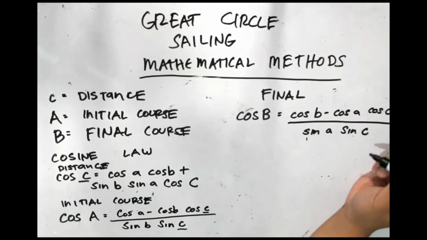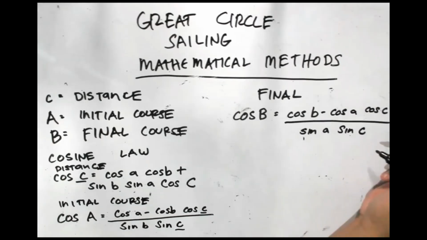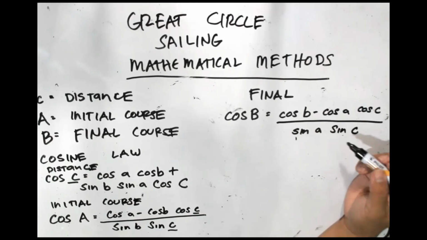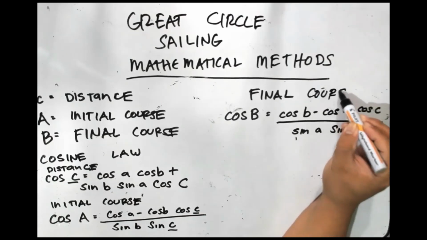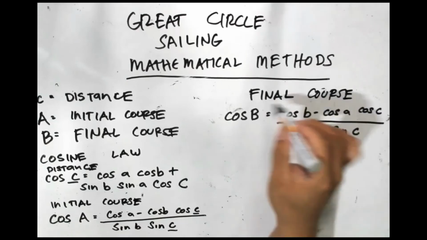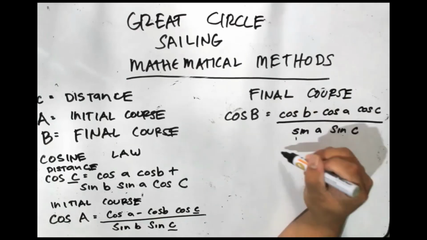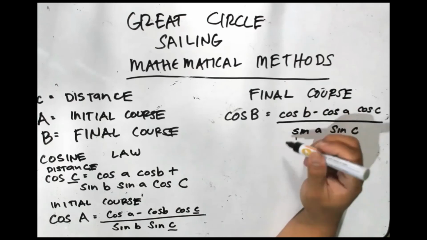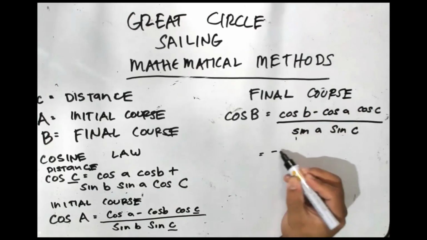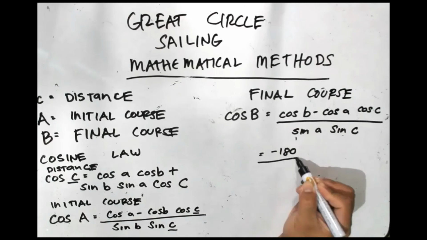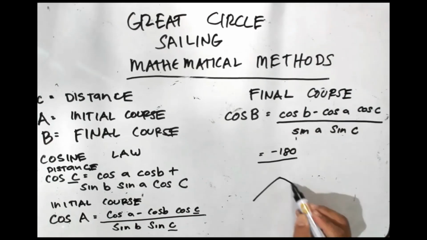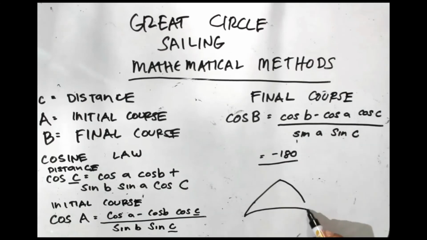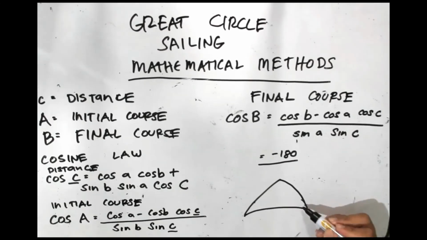And this is how we determine the final course ng ating great circle, no? But still, hindi ito yung magiging final course, yung answer niya, no? Mag-less 180 tayo dyan sa final answer, yung reciprocal, kasi kung ito yung triangle, no? Yung kinuha natin ay yung nandito sa loob, no?